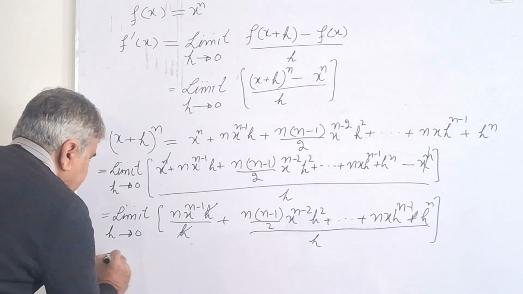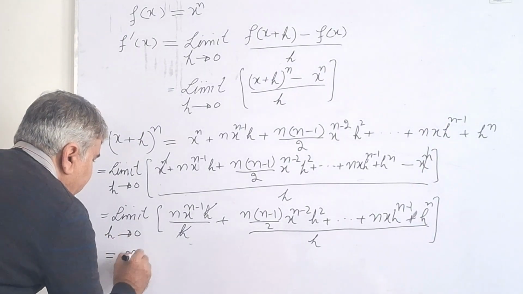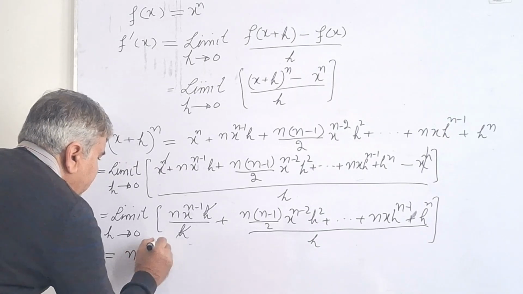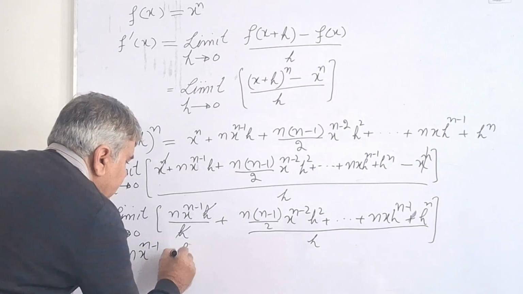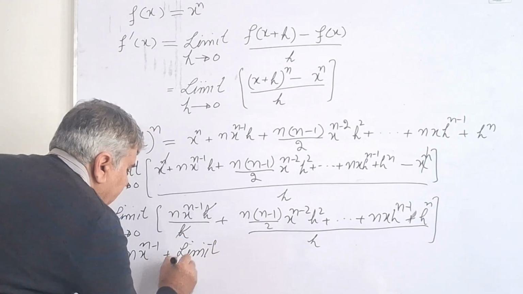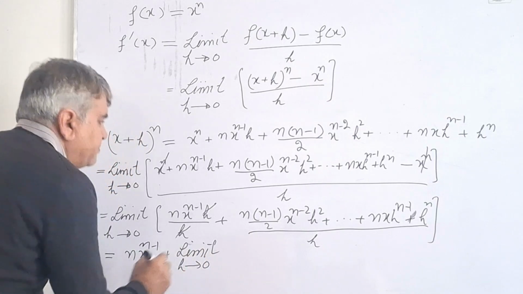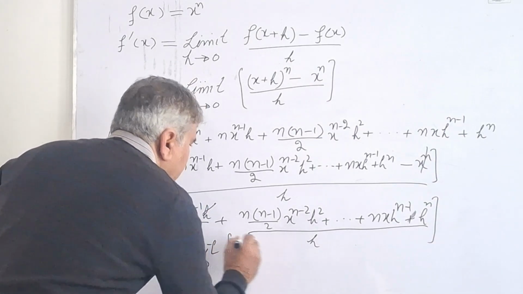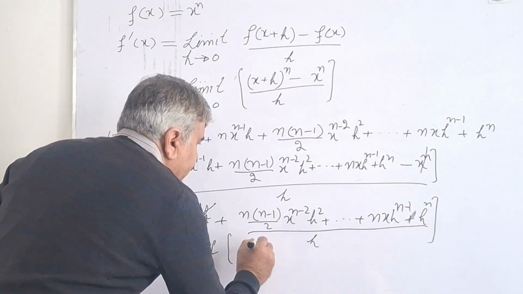And that means I can rewrite the equation in the form n x power n minus 1 plus limit h tends to 0 of h into the remaining terms.